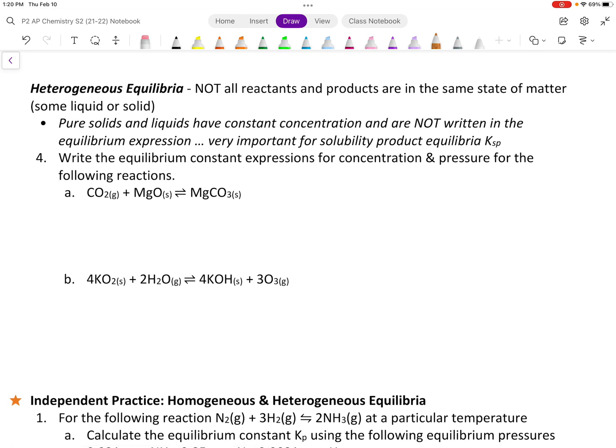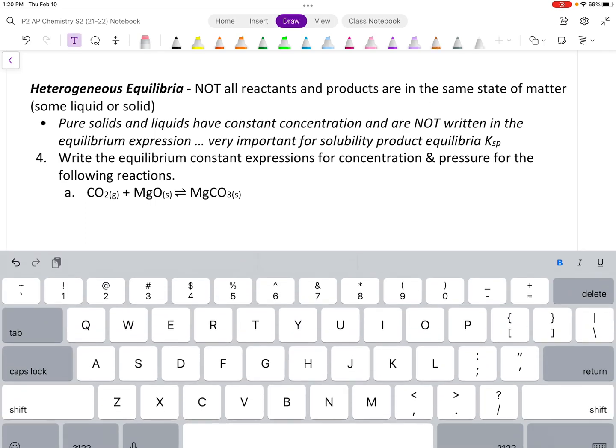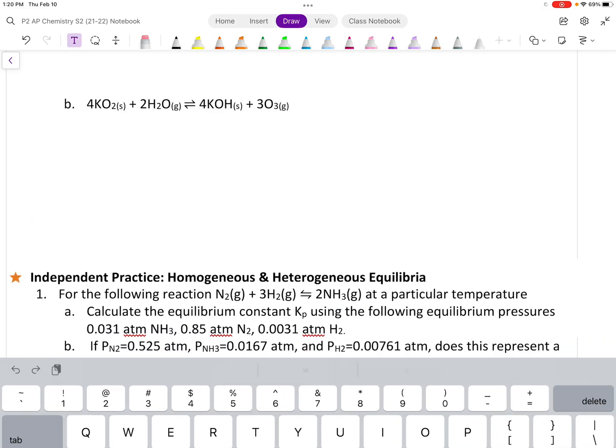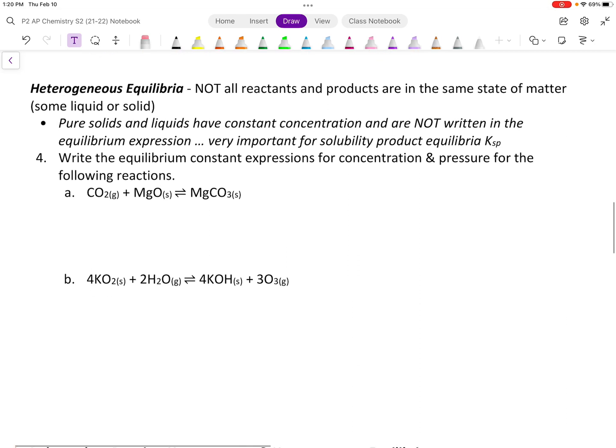One thing that we really have to know is that our pure solids and liquids have constant concentration and are not written in the equilibrium expression.